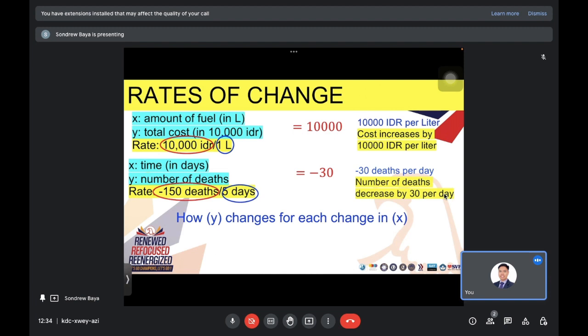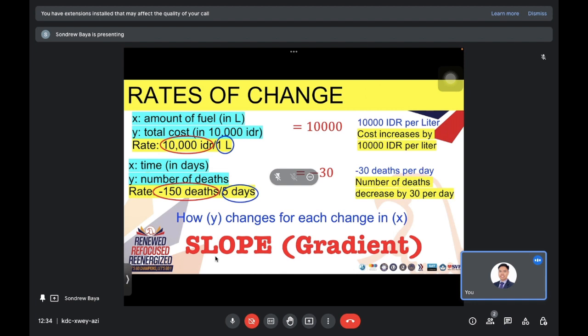In linear relationships, rate of change is actually known as the slope, or simply the gradient. Alright? This is where the concept of slope comes in. Slope therefore tells you how y changes for each change in x. And in linear relationships, slope should be constant.